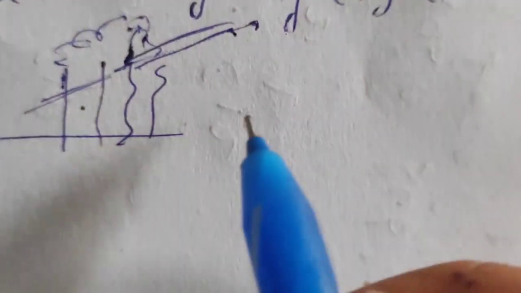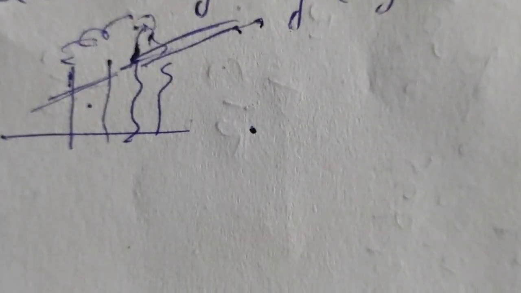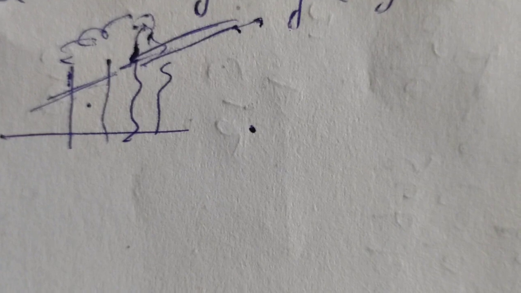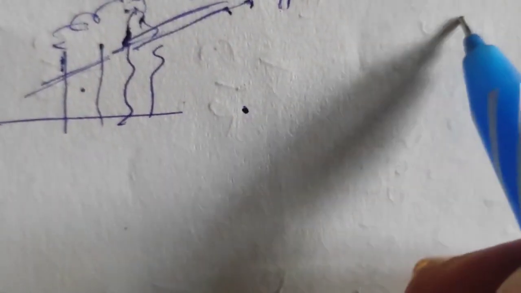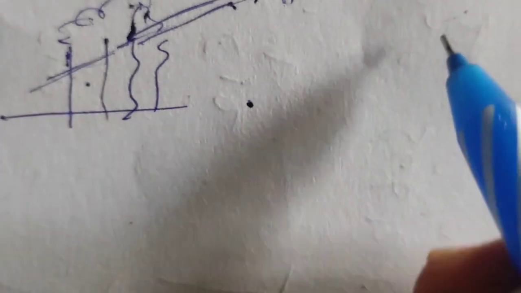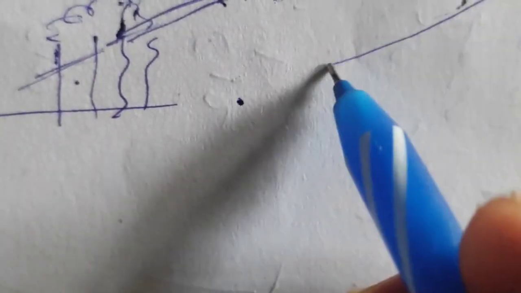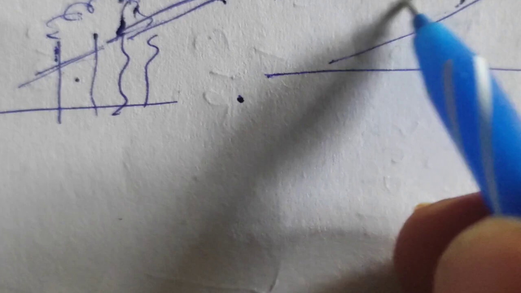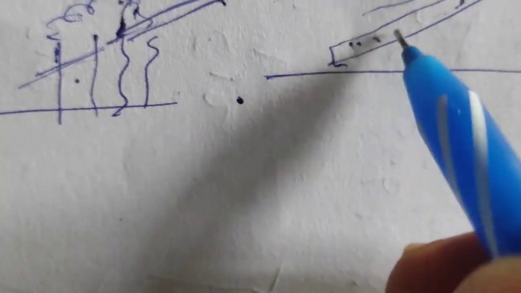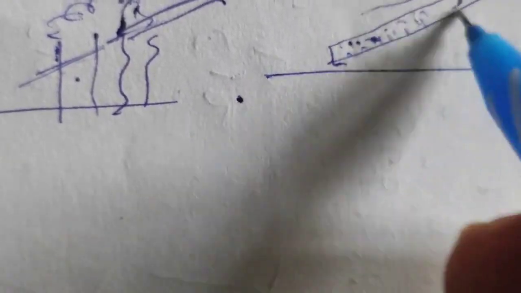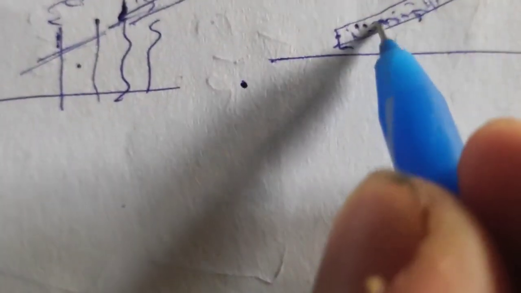Even in the morning, in the rainy season or any season, the light that comes from the sun through a window is clearly visible, and we see small dust particles floating in the air. This type of effect is called the Tyndall effect.